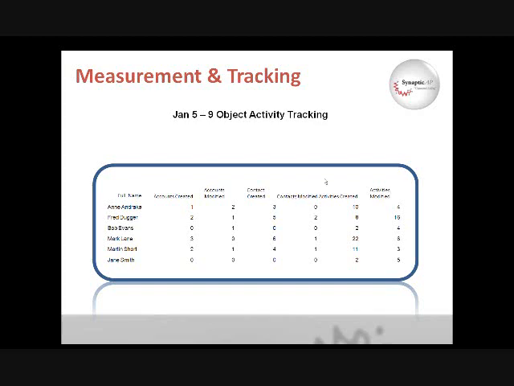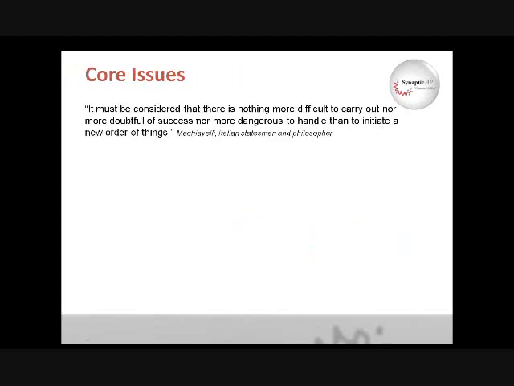So as an example, putting together daily object and activity tracking that gives us a view into what people are doing once they get into the system. And there's lots more of these, and Hillary can touch on a few of them later on in the conversation. We'd also be happy to have an offline conversation with anybody about some of the other reports that we've developed to help people get a better feel for where they stand.